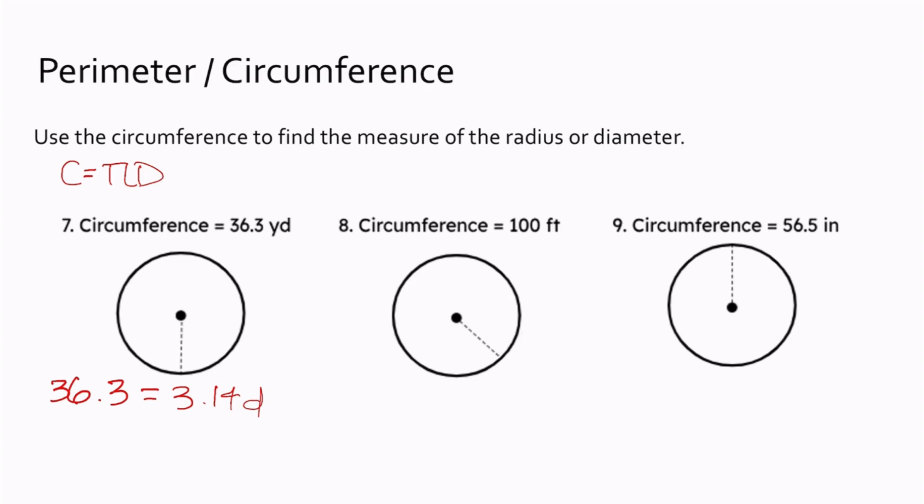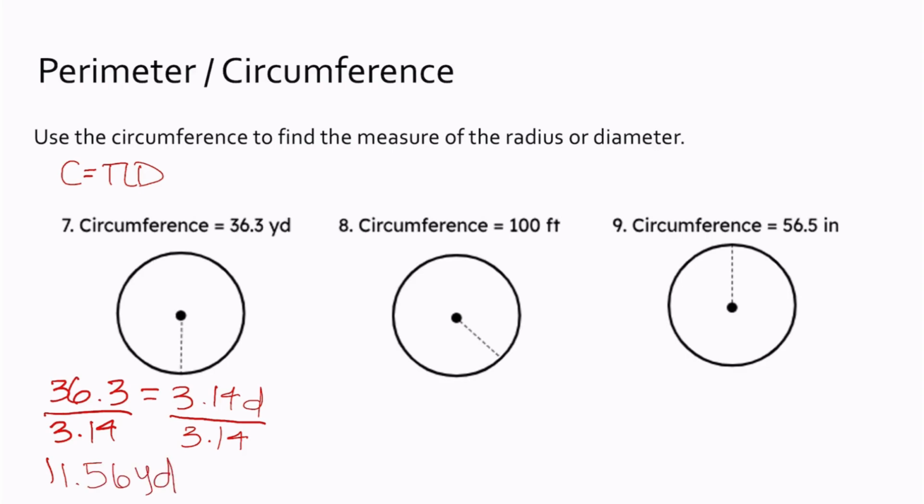This is just like our other problems where we are solving for an exponent. If I know that 36.3 is 3.14 times the diameter, I can divide both sides by 3.14. Remember, if I do it on one side of the equal sign, I must also do it on the other side.